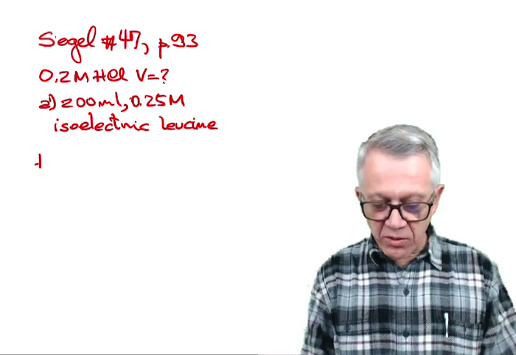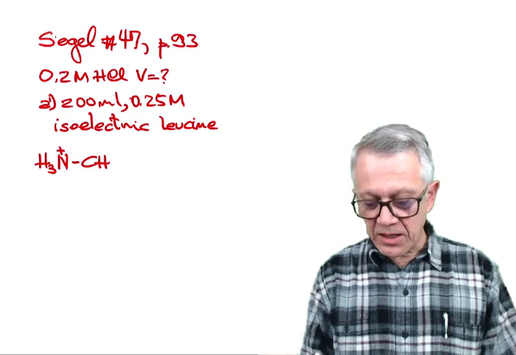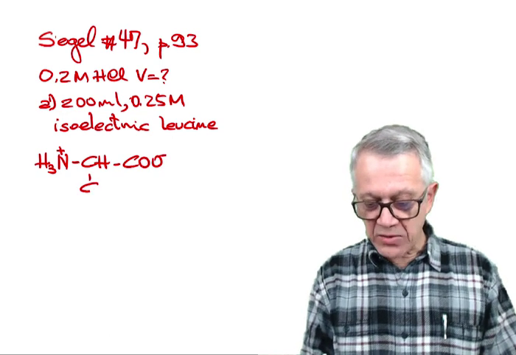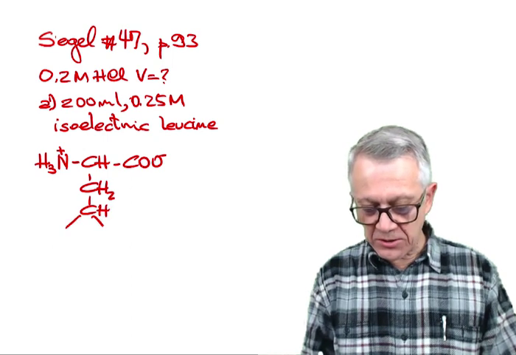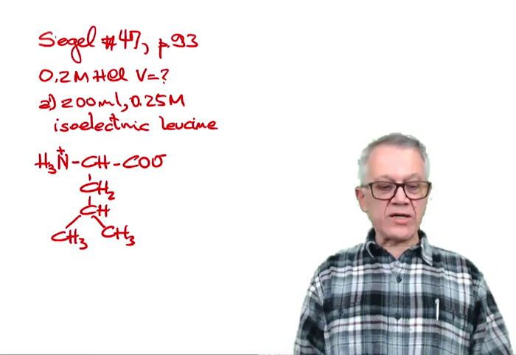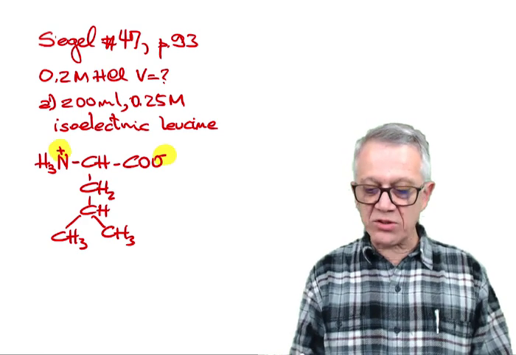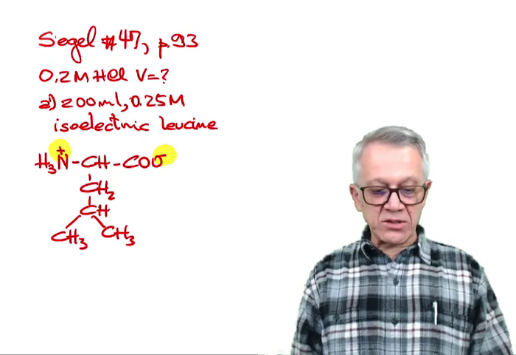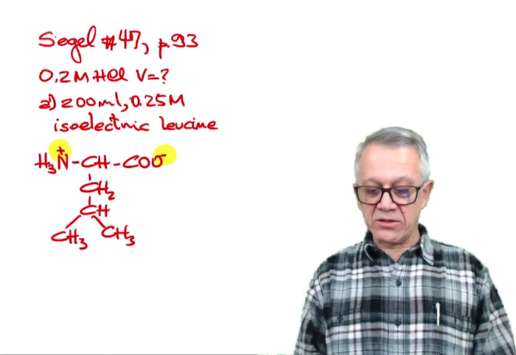So let's write this form here, which is H3N+ CH COO minus, and lysine is going to be CH2... All right, so that's isoelectric lysine because we have a negative charge here and a positive charge there, and it makes it neutral.